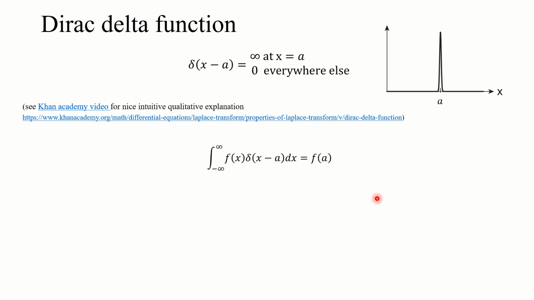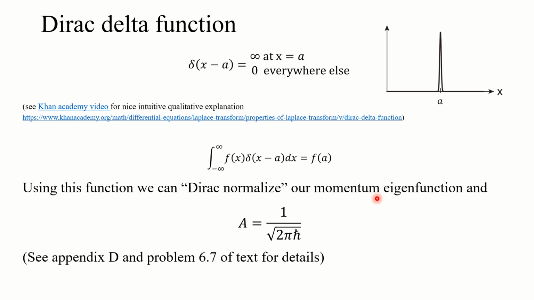So this Dirac delta function is what we use to normalize the position representation of our wave functions. It turns out when you Dirac normalize our momentum eigenfunction, that constant out front is equal to 1 over the square root of 2 pi times h bar. There are some details on this in Fourier analysis, which we'll get to in a few minutes.